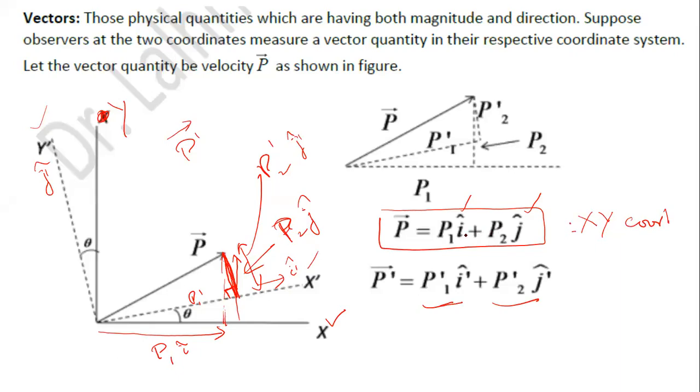If you measure the same vector from your x prime, y prime coordinate, it will have two components: p1 prime along i prime cap, and p2 prime along j prime cap.